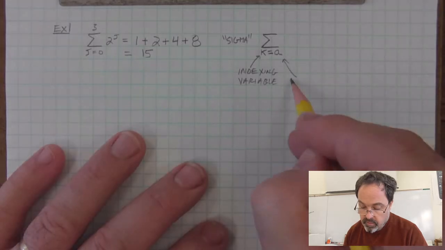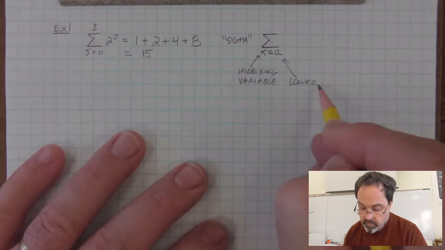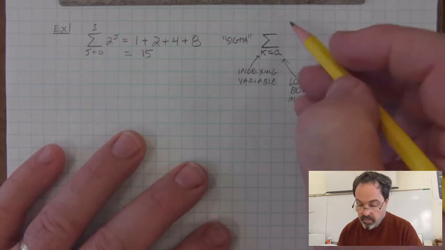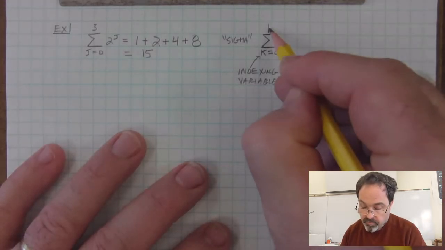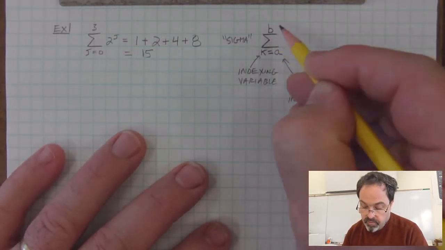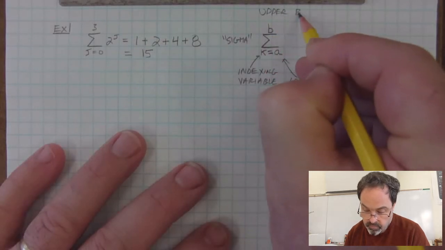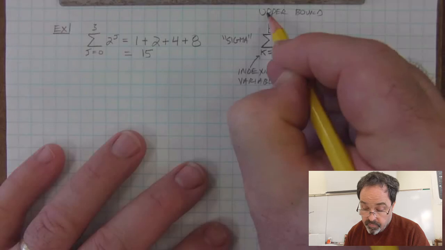A is the lower bound, and it must be an integer. The number at the top, which is the last value that is used, is called the upper bound, and it must be an integer.